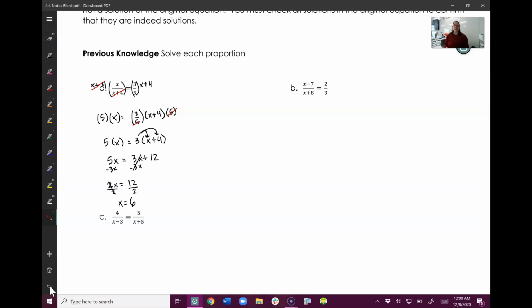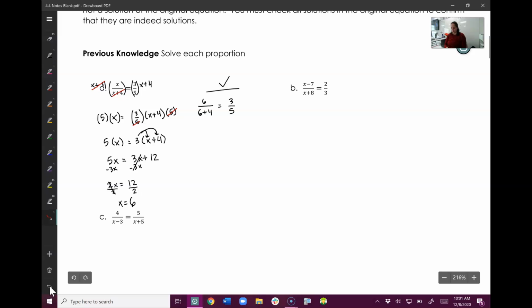Anytime you move something from the bottom up into the top, you have the possibility of getting what are called extraneous solutions, aka fake solutions or fake answers. So something that we always do for these kinds of problems is a check step. You're going to take your answer here, x equals 6, plug it back into the equation, and do a check step.